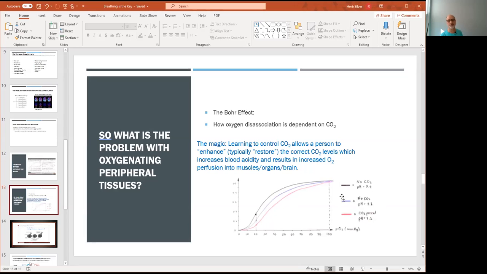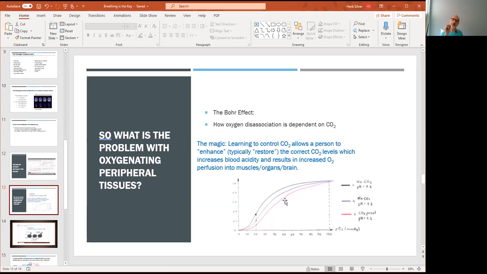This line here is the blood at a pH of 7.2. Here the blood is at 7.2 as well, but there's the addition of CO2.